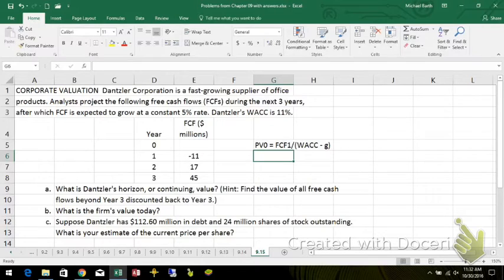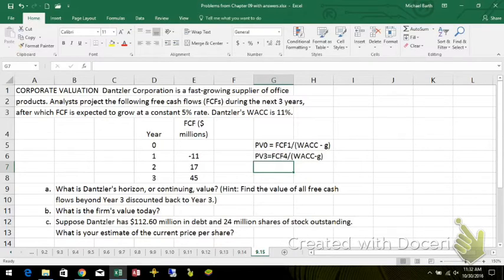Well, using the horizon value, what we can also say is the present value of all the cash flows in year 4 and beyond, when there is constant growth rate, at the end of year 3, those would be worth whatever the free cash flow in year 4 is, and 5, 6, 7, 8, 9, 10, or whatever.